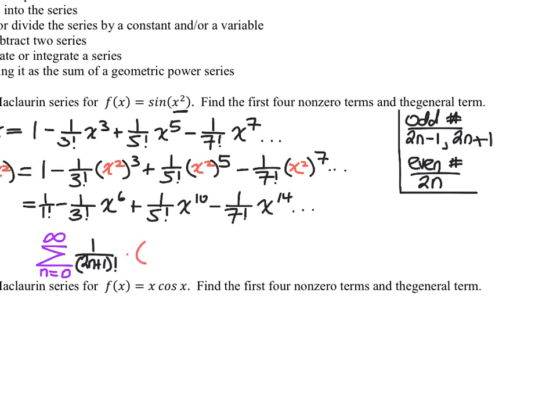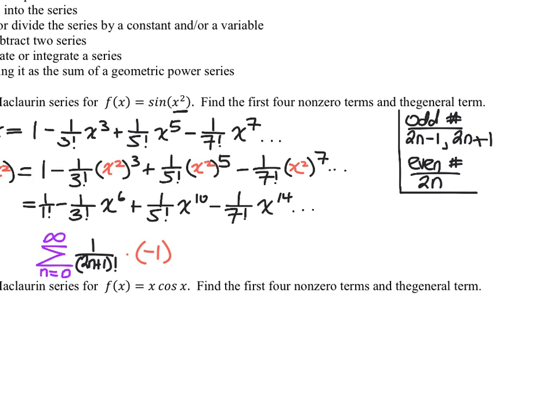So times -1 raised to a power, but my first sign has to be positive. All right. So my first sign has to be positive. So I need this -1 to start off being raised to an even number. So what should it be raised to?